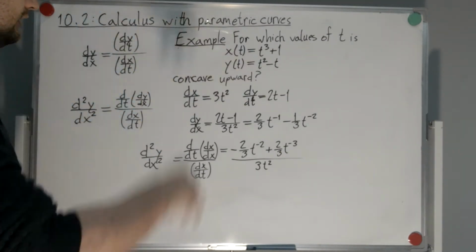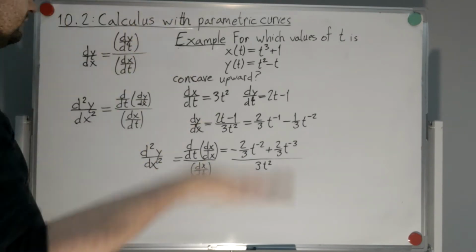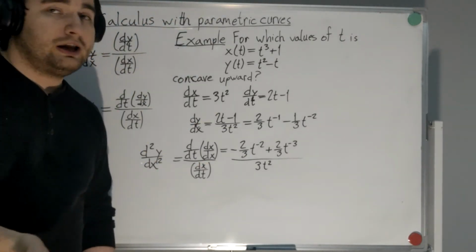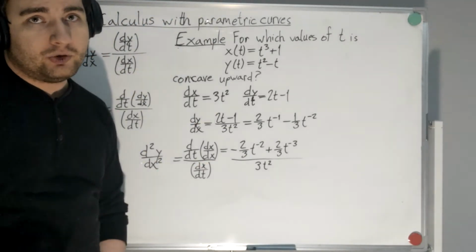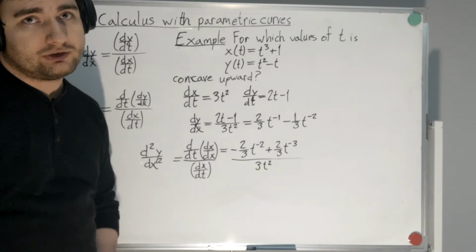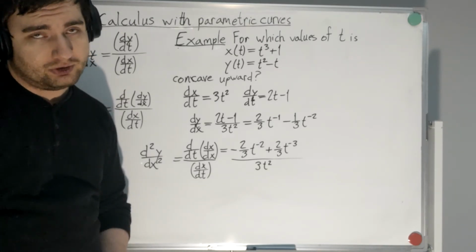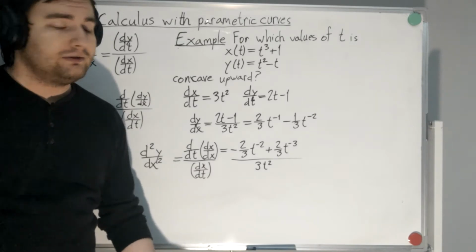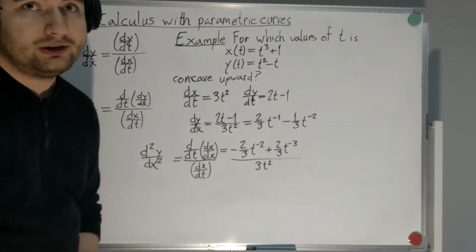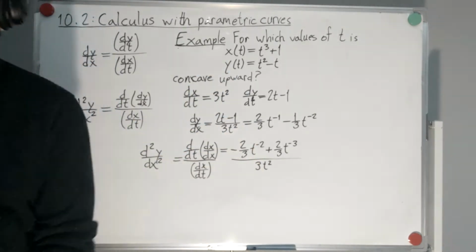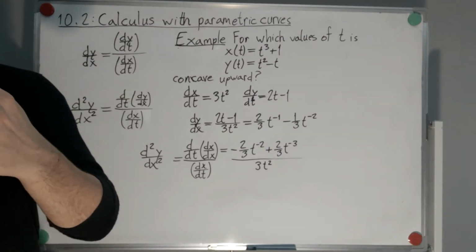So, now we desire to know where this is concave upward. It's concave upward exactly when d squared y dx squared is positive. So what we're asking for is, where is this greater than 0? There's a couple of ways that you can do that.